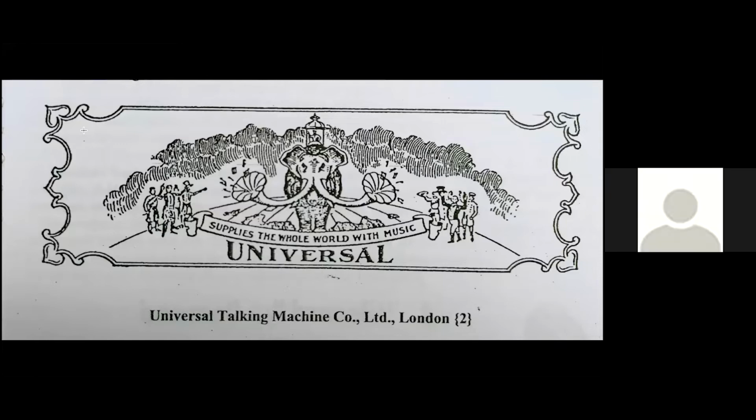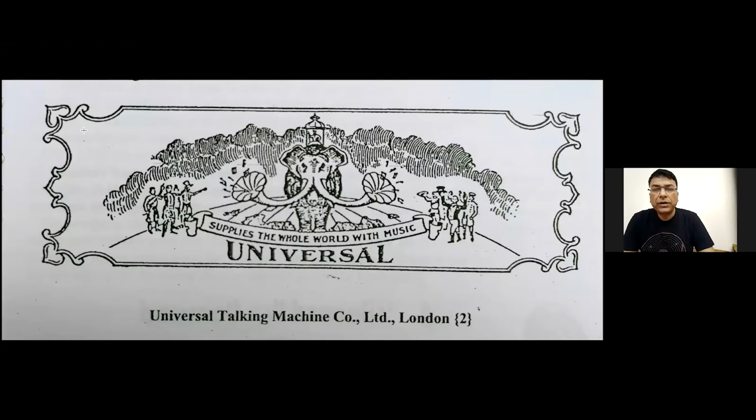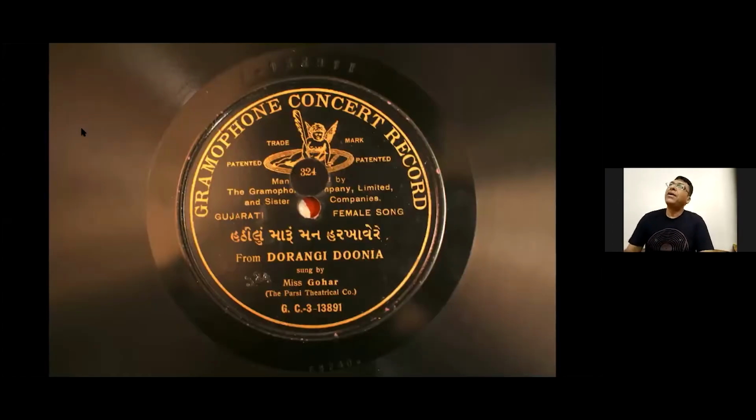Coming to the story, most of the labels were manufactured abroad, and disc production in India was very limited in 1900, where my story starts. Most companies were selling records of foreign repertoire, and very little Indian repertoire was available around 1900.